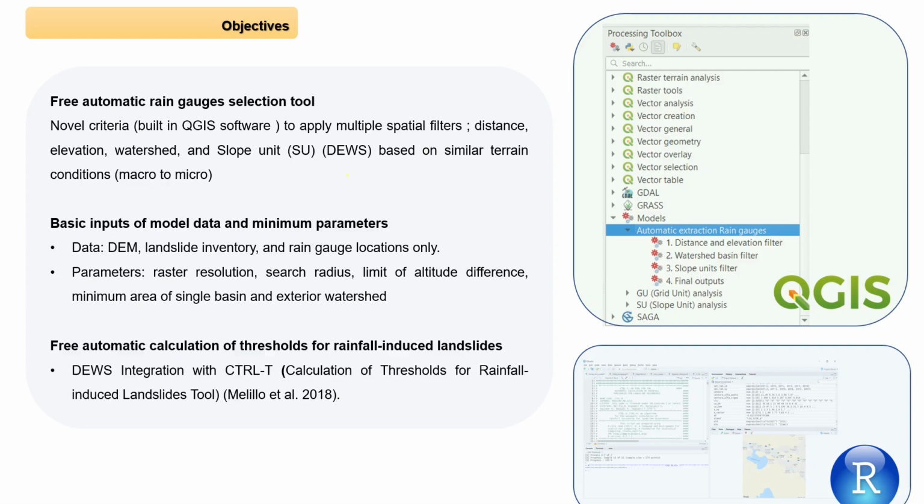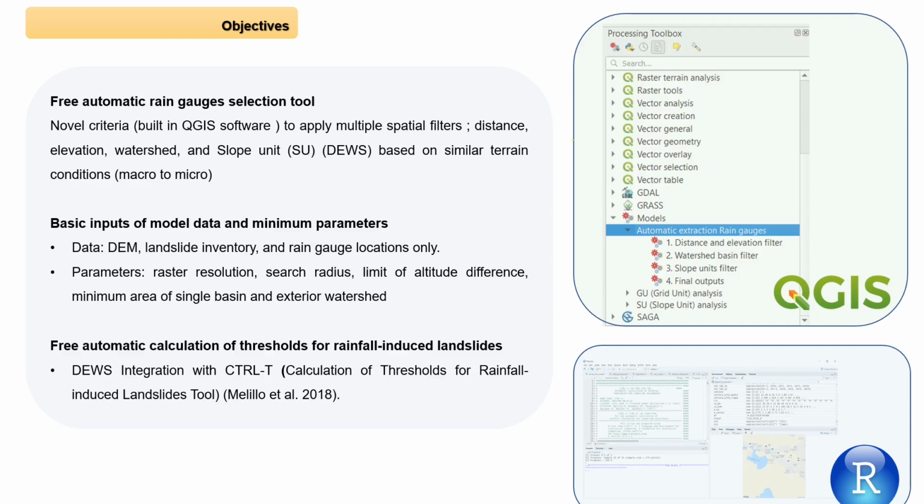So we come to the objectives, then the criteria of the tool that is built in QGIS software. Apply multiple filters like the distance, elevation, watershed, and slope unit based on similar terrain conditions, macro to micro. And what kind of data do we need to deal with this tool?